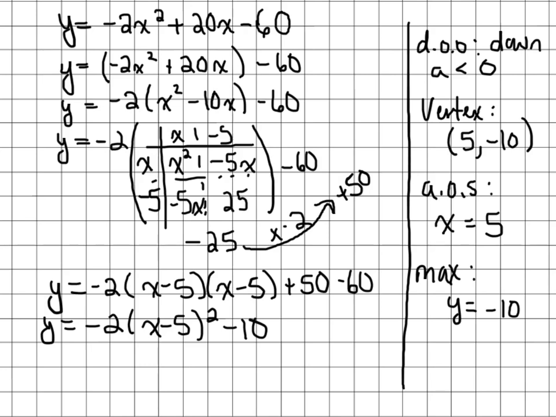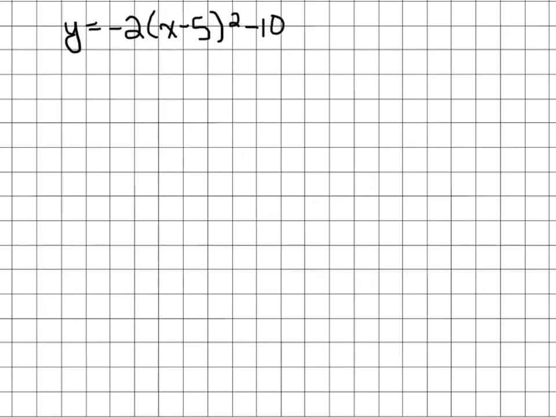The last two things we need to find are our Y-intercept and our X-intercept, and I'm going to do that on the next slide. Let's find the Y-intercept. This is when x is equal to 0, so I'm going to substitute in 0 for x.